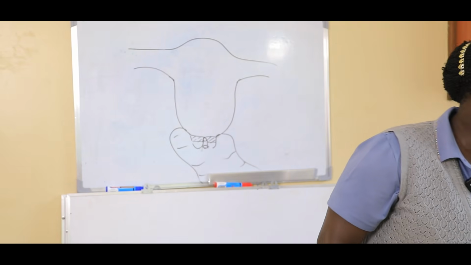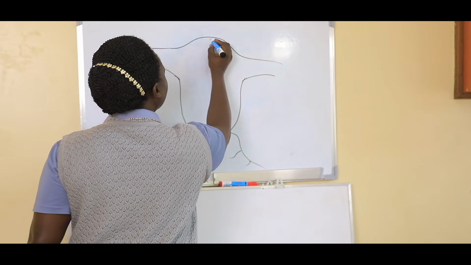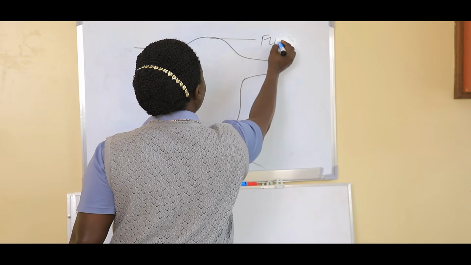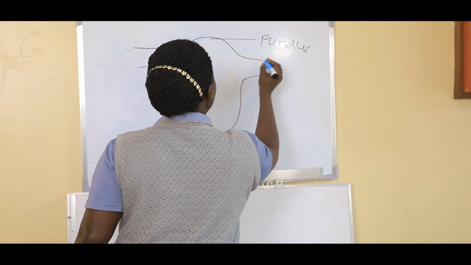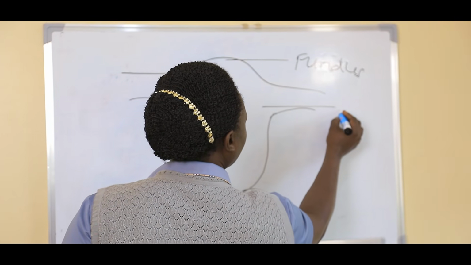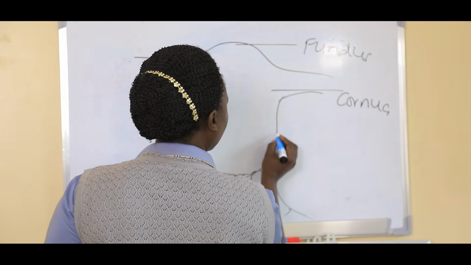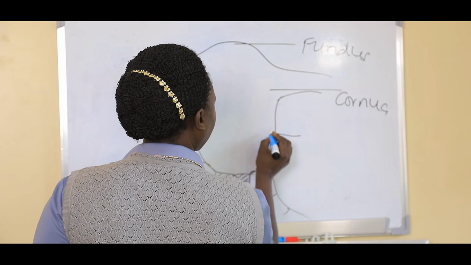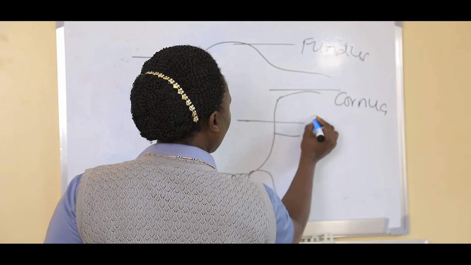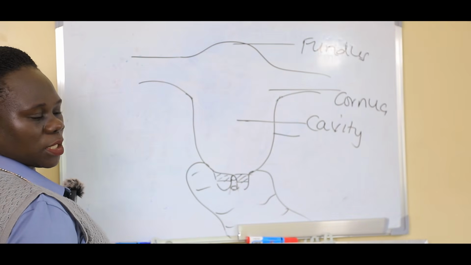And it contains the following parts. This part is the fundus. And this one is the cornua. Inside, there's a hole known as a cavity. Remember, a cavity means a hole.